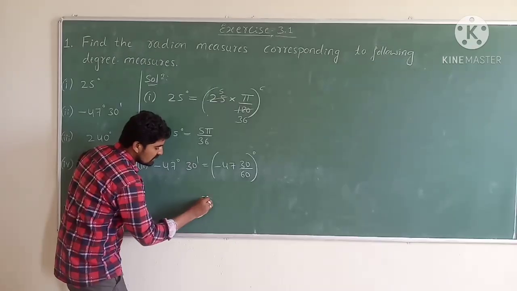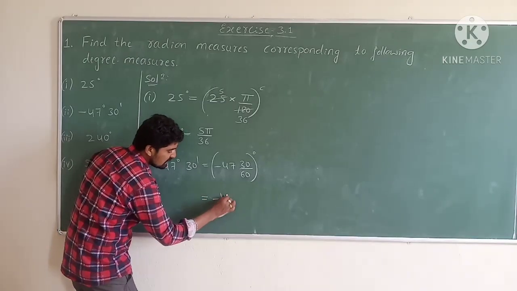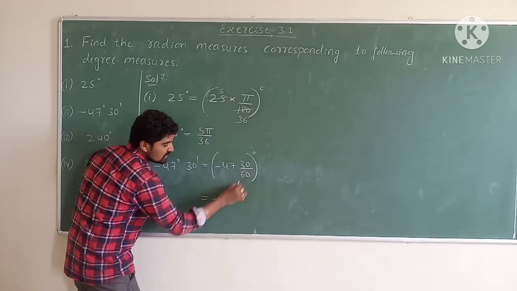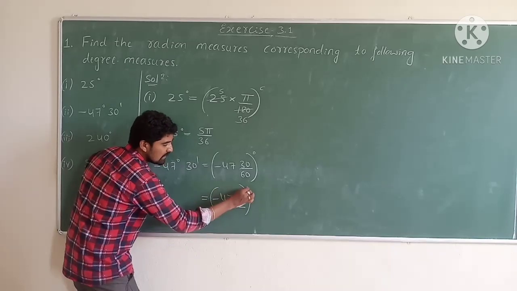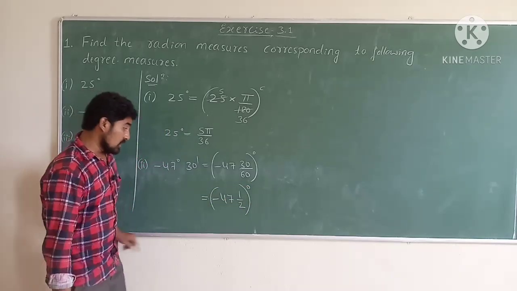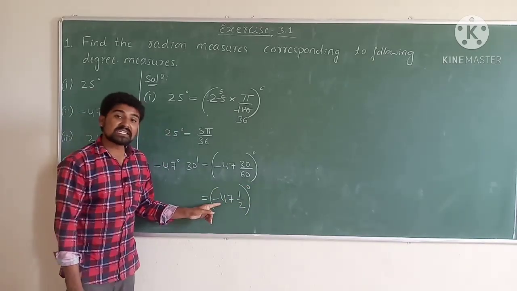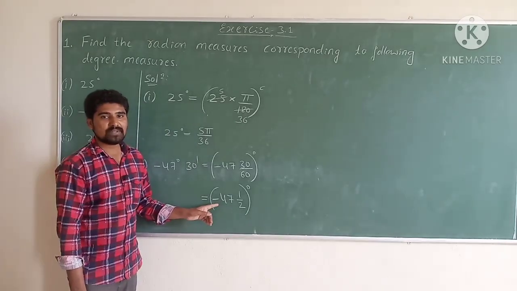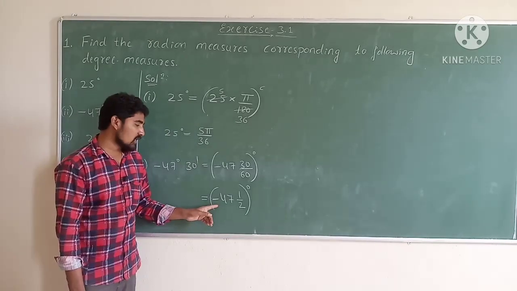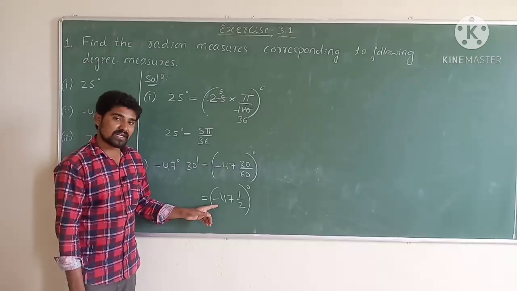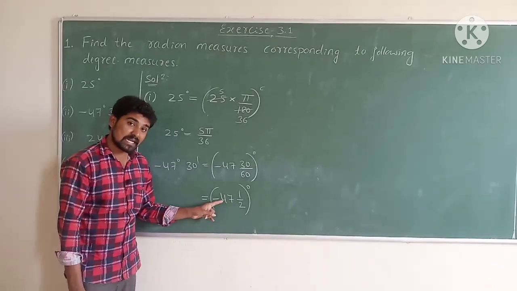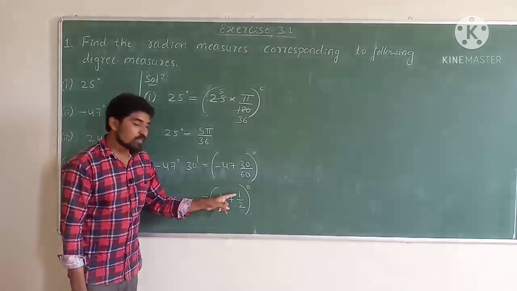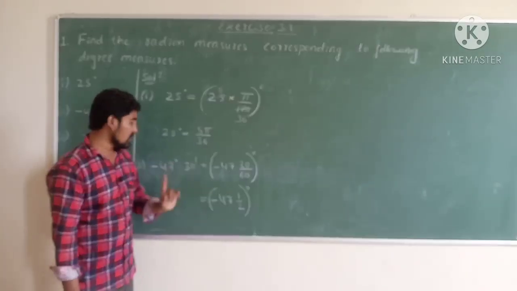Which is equal to minus 47 and 1 divided by 2 degrees. Now this is a mixed fraction. So converted into a simple fraction, what should we do now: 2 into 47 is 94, 94 plus 1 is 95, divided by 2.